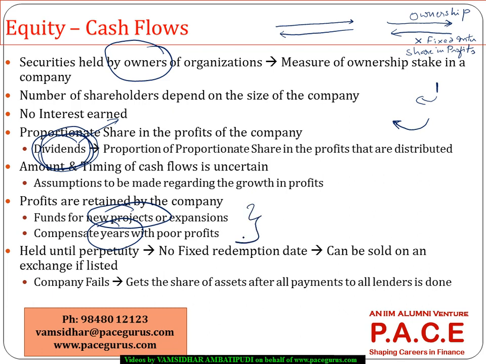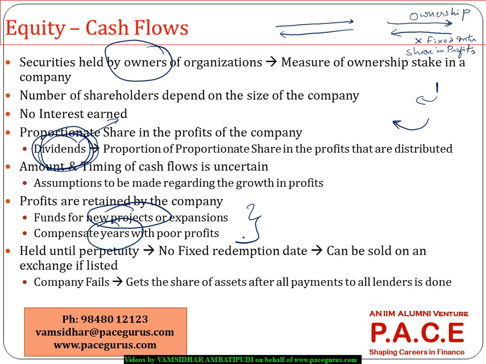If the company wants to expand, if the company wants to get into new projects, it requires some new capital. For that purpose, it cannot again borrow. So it can so happen that the profits of the existing investors are retained and used for funding the new projects.